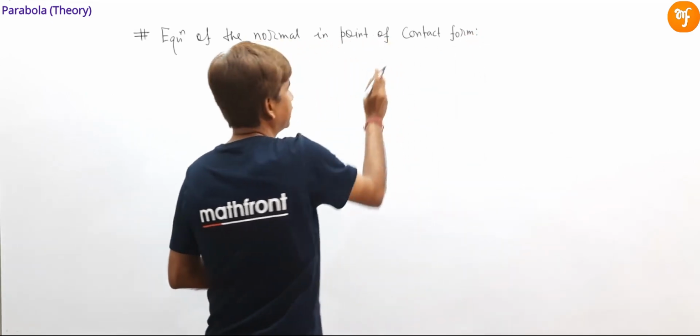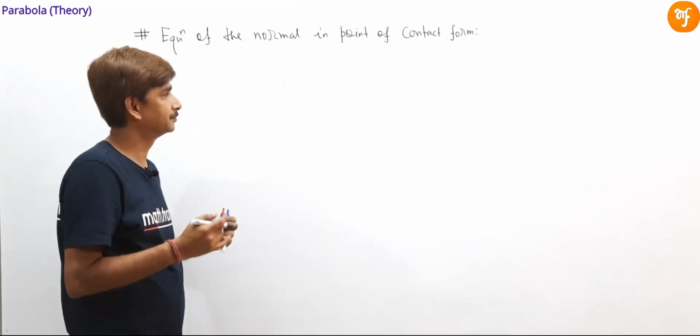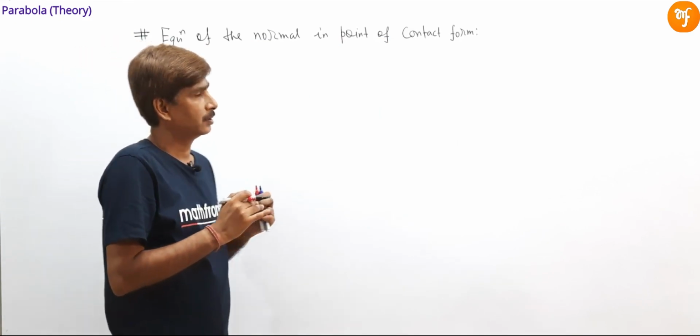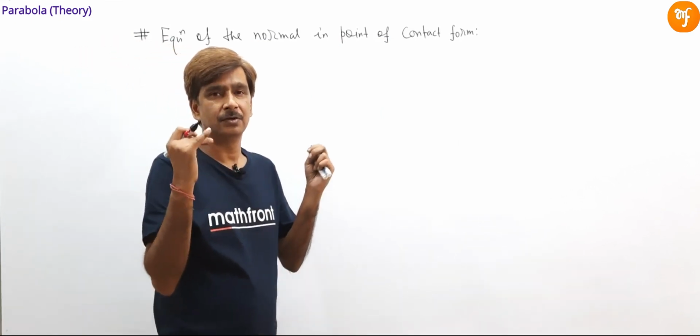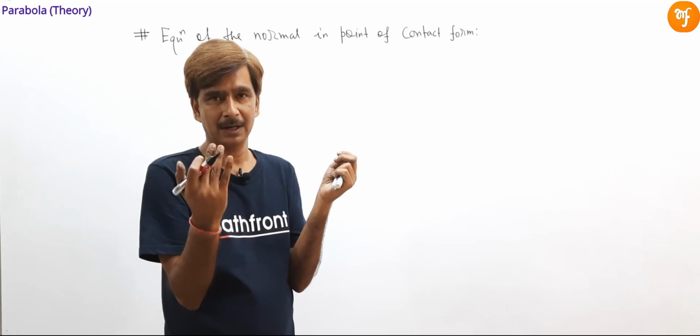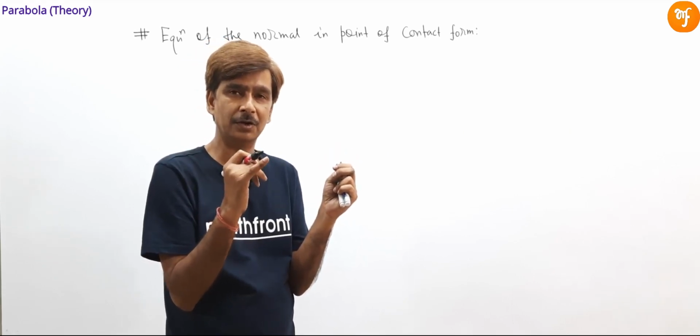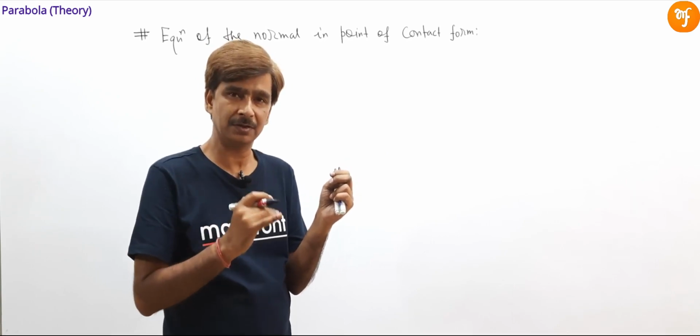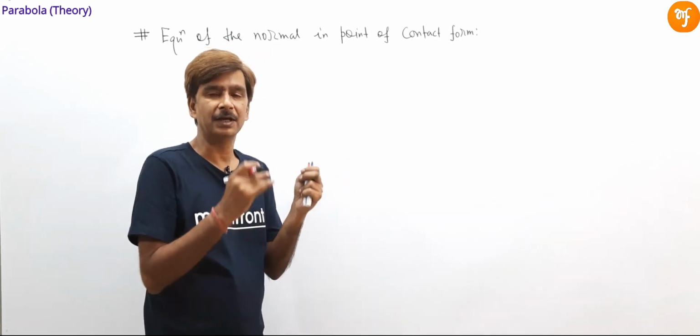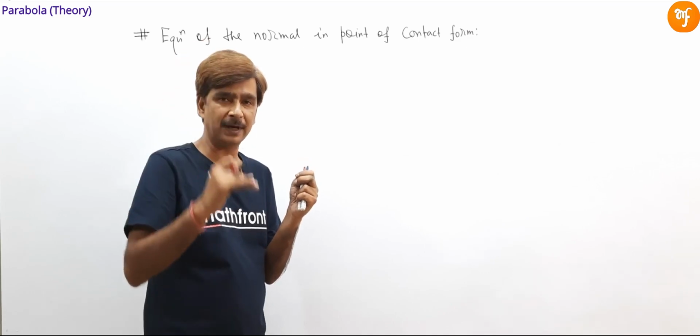Okay, so point of contact form. So for this, that is to find the equation of normal in point of contact form, first of all we will draw a graph and we will draw the equation of tangent. Okay, and we will draw the tangent to the parabola.